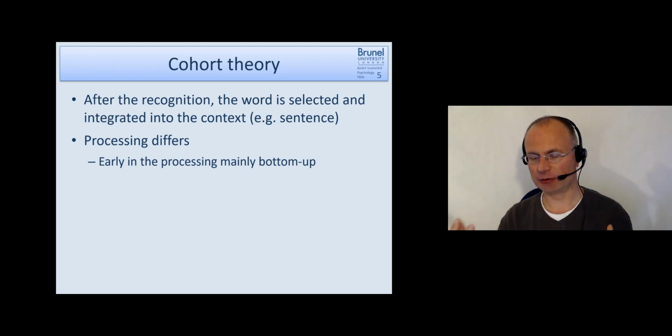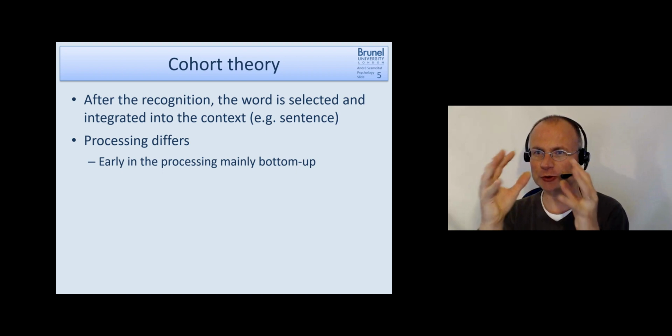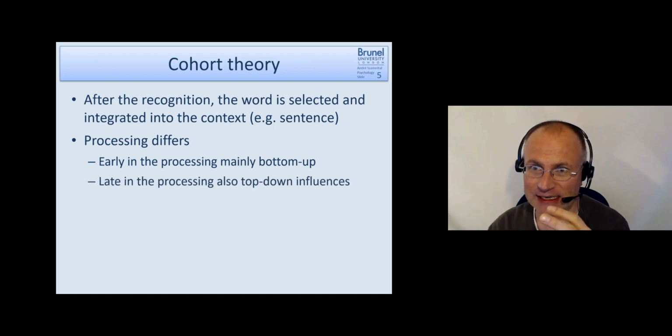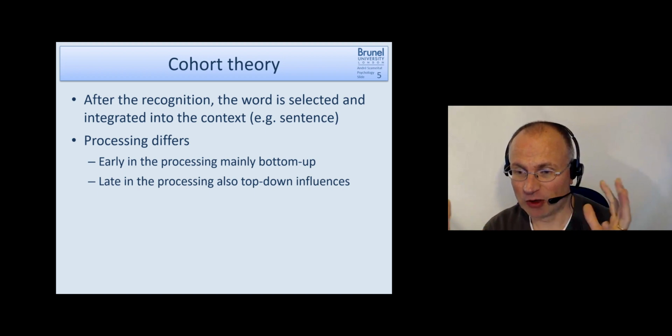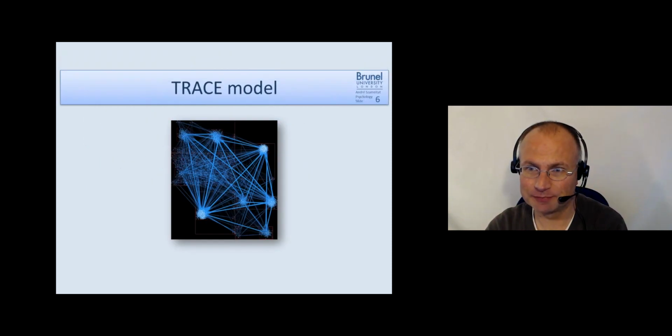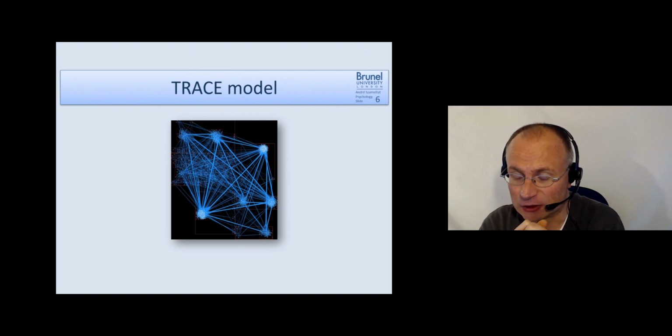Early in the processing, when we just take the phonemes and try to reduce the cohort, so before the recognition point, the processing is mainly bottom-up, driven by the input. While later in the processing, at or after the recognition point, it's also influenced by top-down things like the surrounding sentence and information which we have. That's all I want to say for the cohort theory.